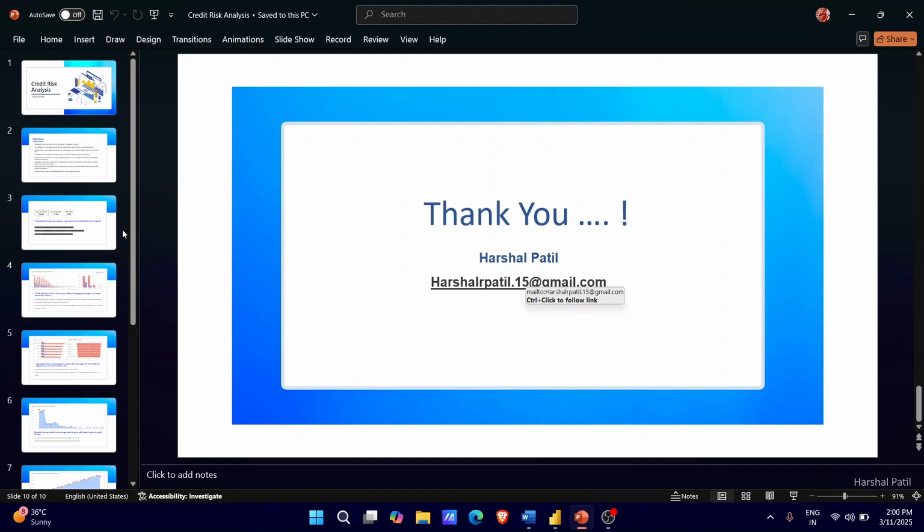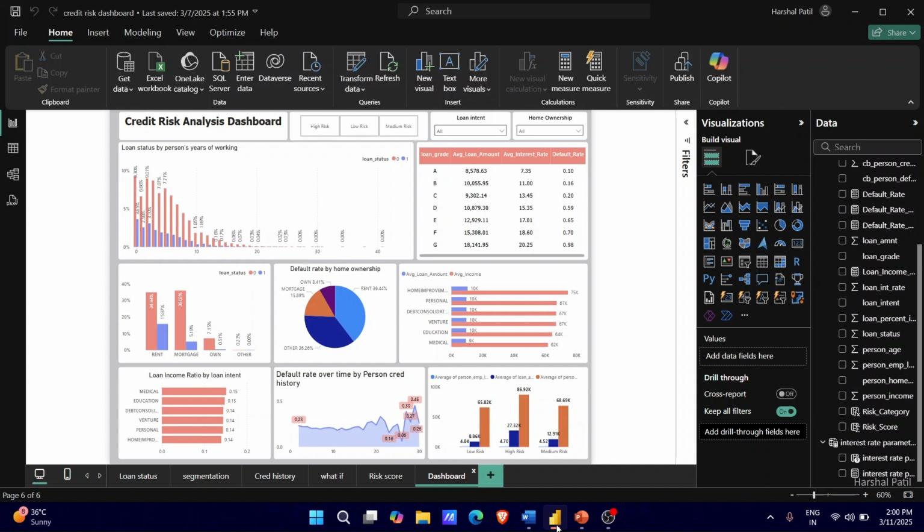So according to all the dashboards and charts, we have some key insights. Employment length is a stronger predictor of loan default risk. Borrowers with less than 5 years of experience have a higher default rate.